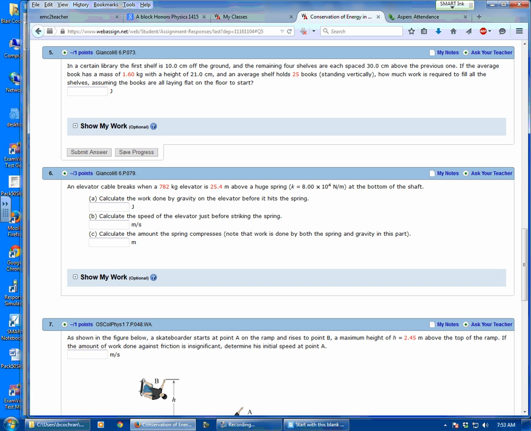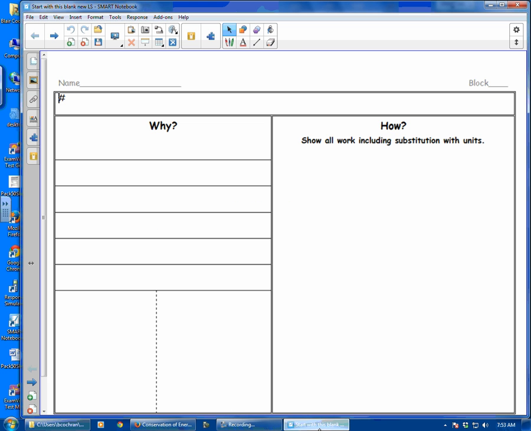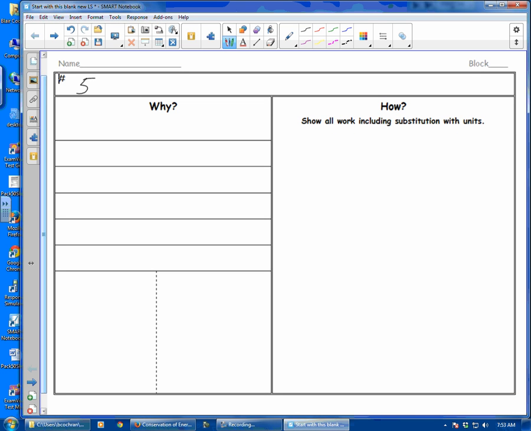So all the work that's done against the force of gravity to move these books is going to go to changing their position, changing their potential energy. So in your why here, it'd be very good to show that you know that potential energy is the energy of position.